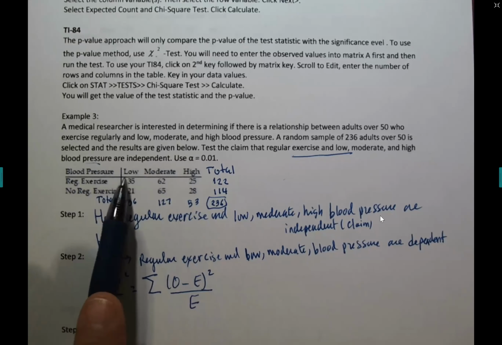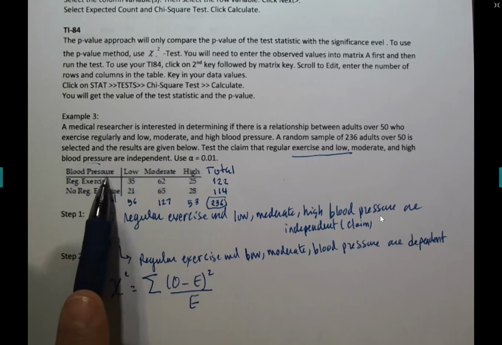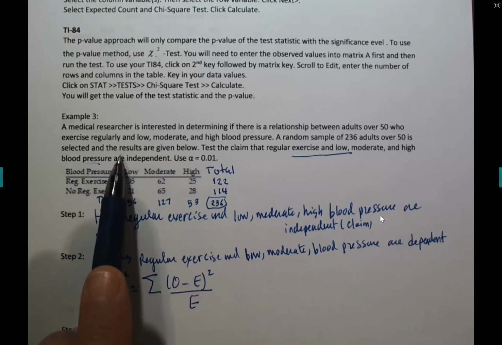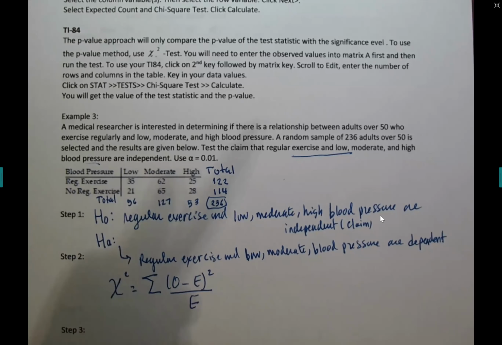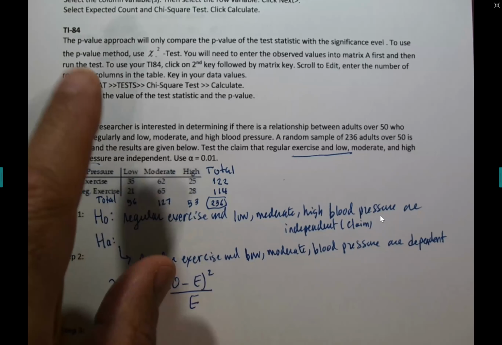Like the 35 belongs to this row and belongs to a column. So I cannot just split them up and put them in columns. So I have to put them just like in a table. And there is a way on the calculator to enter those values in a table. So I'd like you to pay attention and see how I'm going to do this for section 10.2.